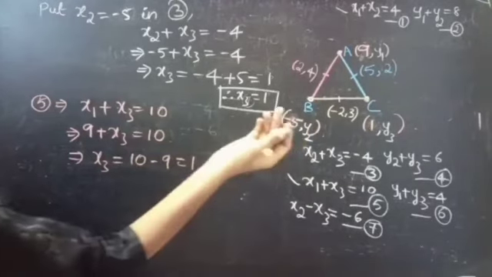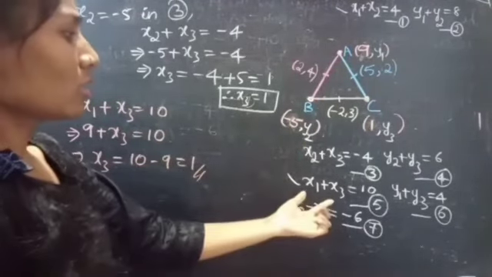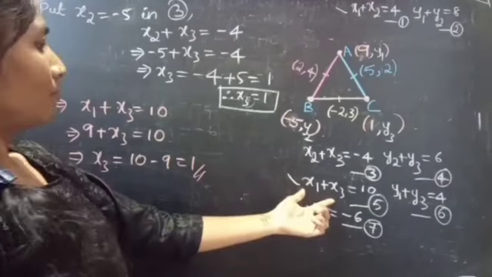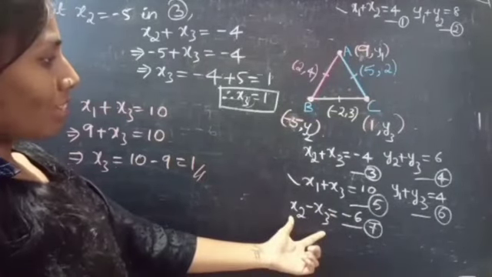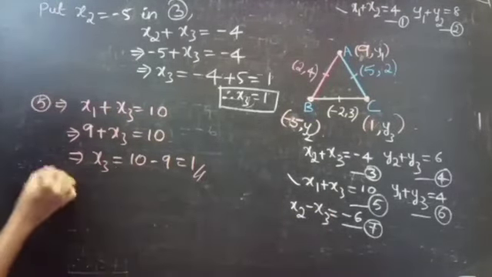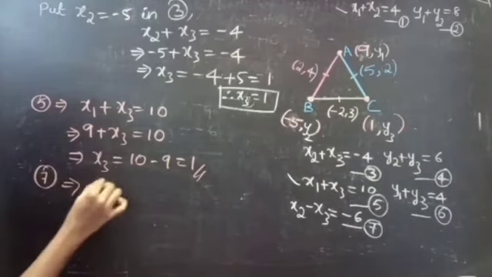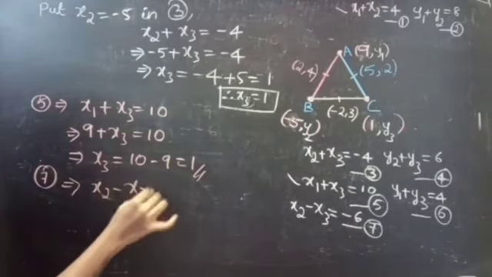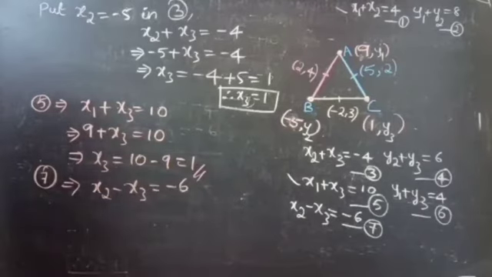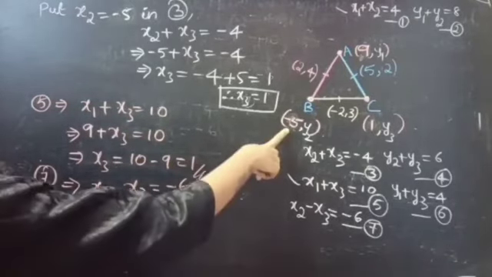The same one. Or else you can check it in equation 7: x2 minus x3 equals minus 6. Let's substitute x2 and x3, you have minus 5, right?